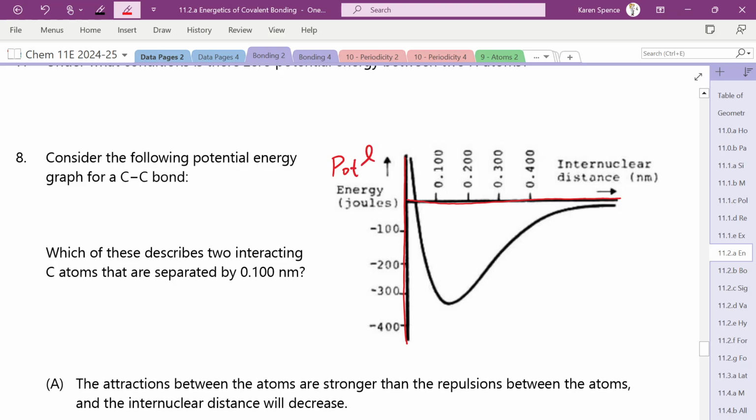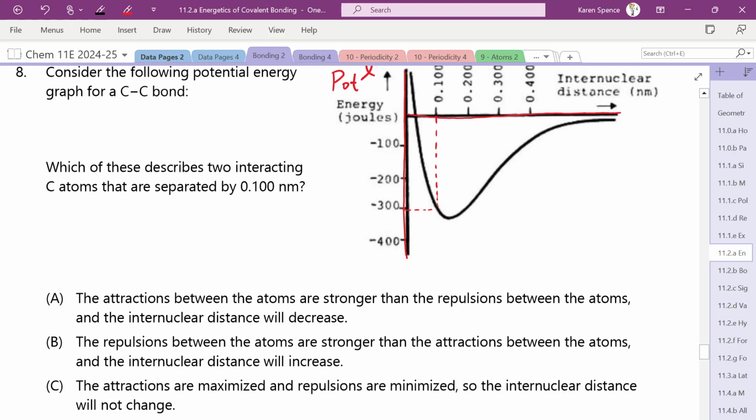Okay. And this is for a carbon-carbon bond. Which of these describes two interacting carbons separated by 0.1 nanometers? So 0.1 nanometers is here. Okay. So the attractions between the atoms are stronger than the repulsions between the atoms.